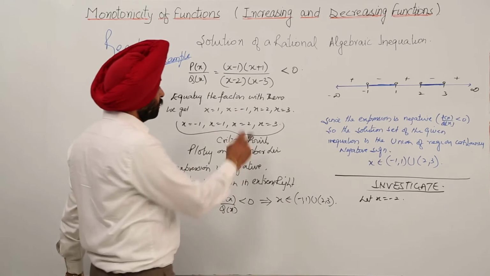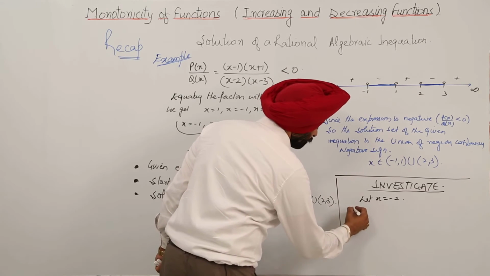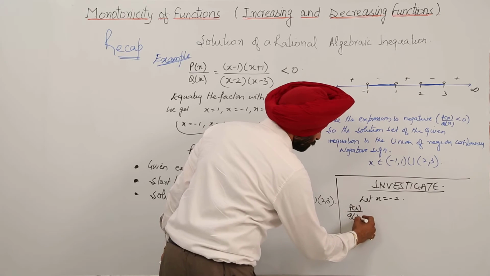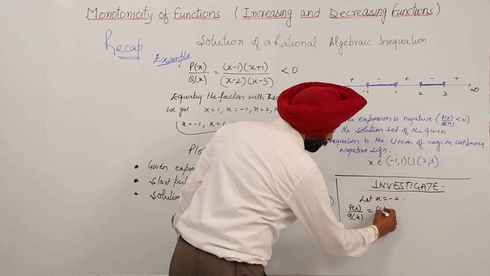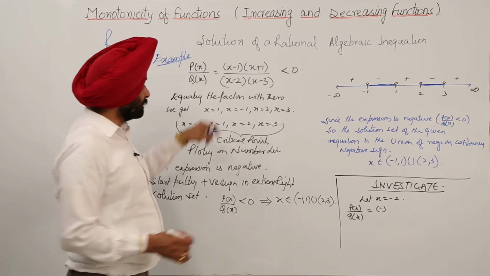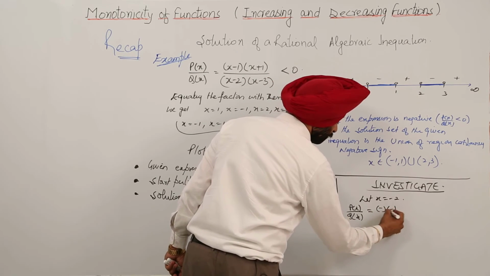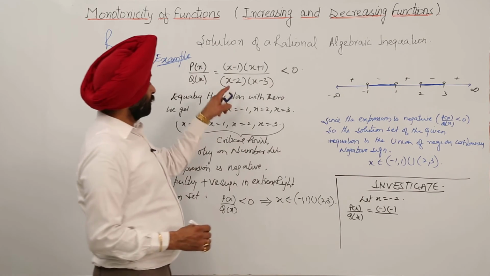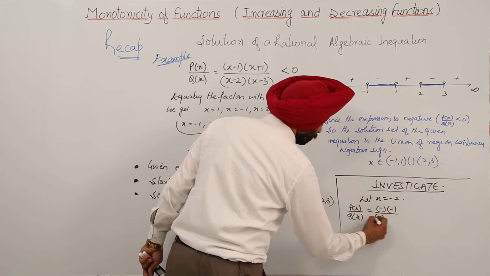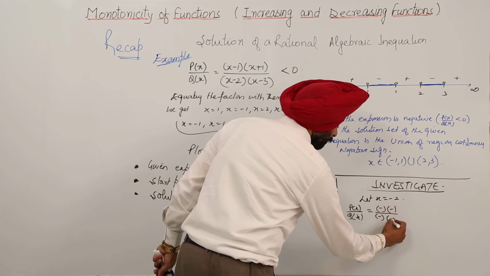What are you getting? p(x) upon q(x) is equal to (minus 2 minus 1), it is minus 3, (minus 2 plus 1), again negative, upon (minus 2) negative, (minus 2 minus 3) negative.